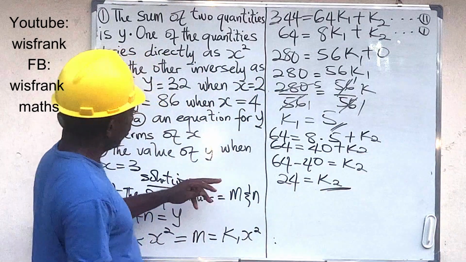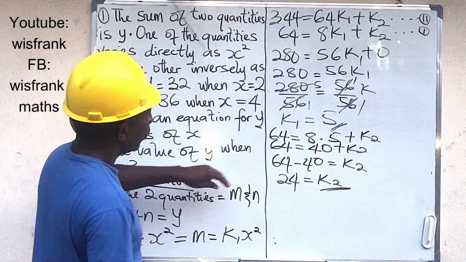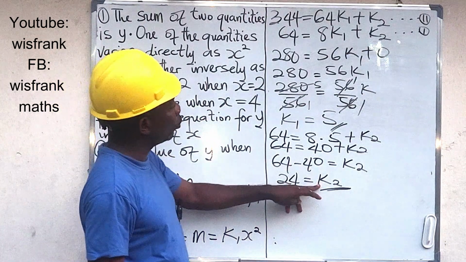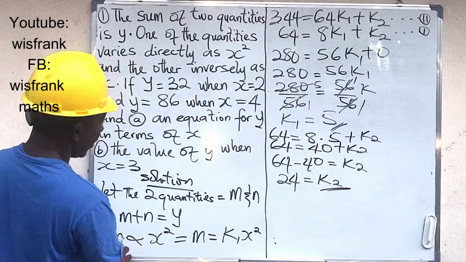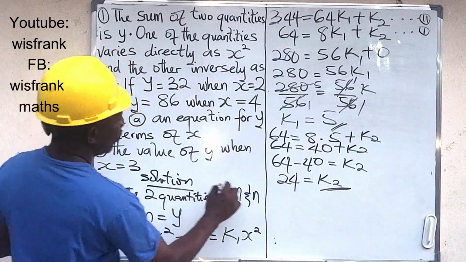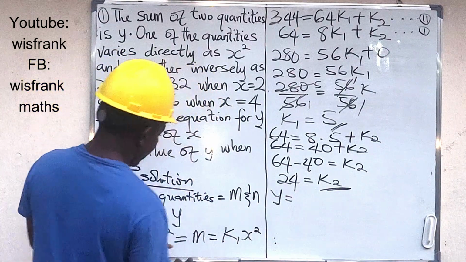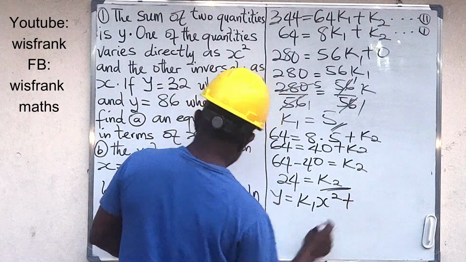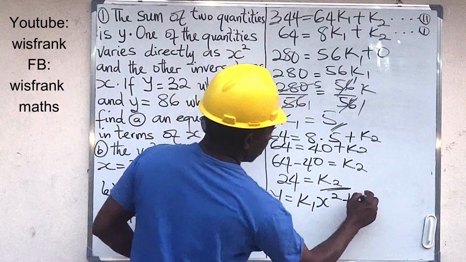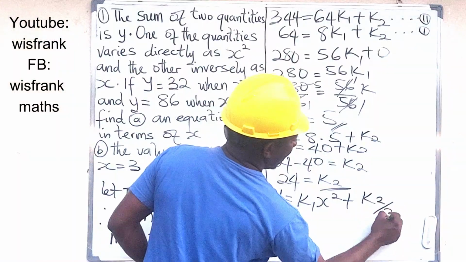Now, to find the equation, we substitute the values of k2 and k1 into the equation. The equation was y equals m, which is k1 x squared, plus n. Our n was k2 all over x.